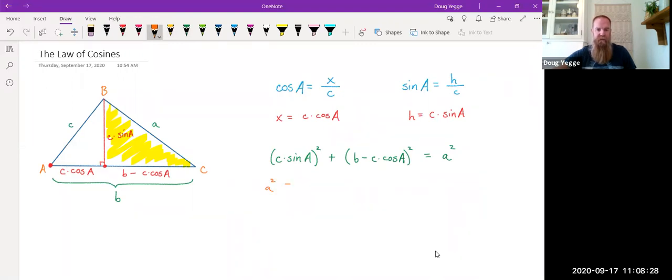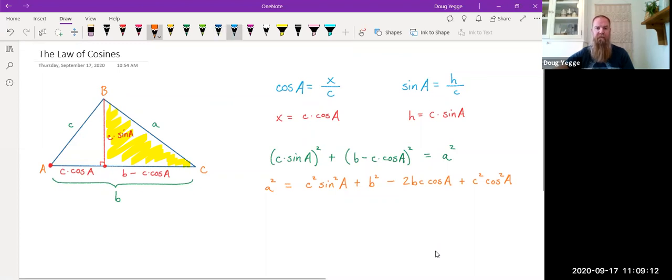So A squared equals, and now we're going to expand to get C squared sine squared A. We know that this is a binomial, so I'm going to be writing B minus C cosine A times another B minus C cosine A, which gives me B squared minus 2BC cosine of angle A plus, and now I square C cosine A to get C squared cosine squared of A. And that technically is a formula that relates all of that information.